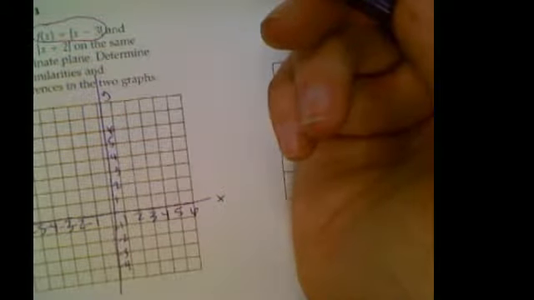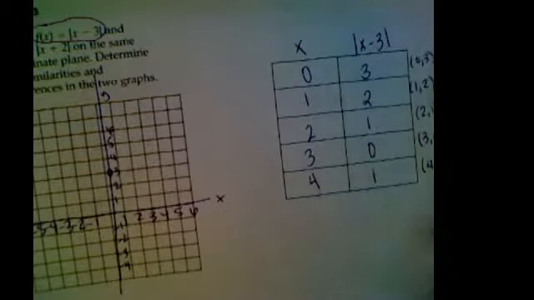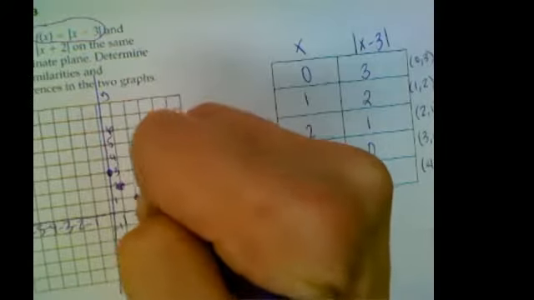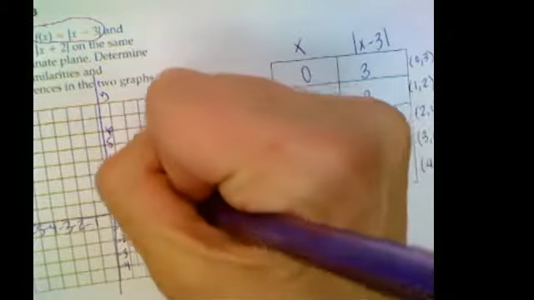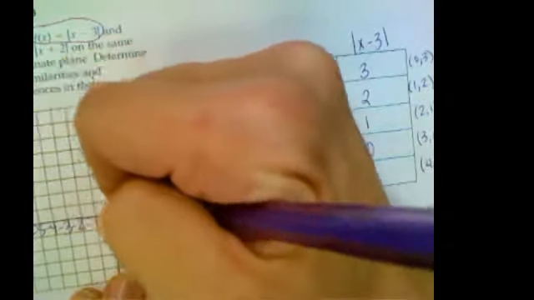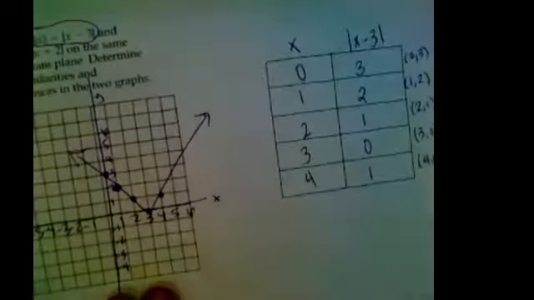So the first ordered pair was 0, 3. My second ordered pair was 1, 2. Then I have 2, 1, 3, 0, and 4, 1. With an absolute value, Magruder told you it goes in a V. So right there is where that heads up.